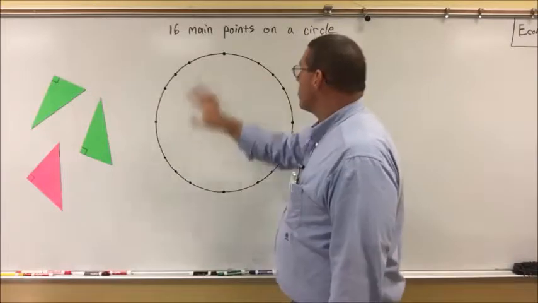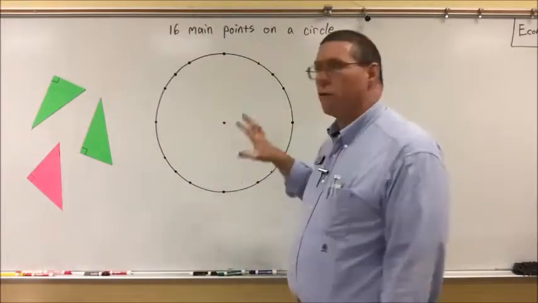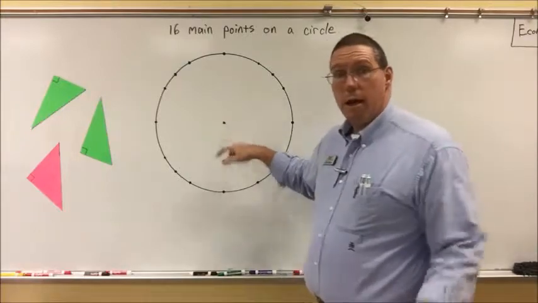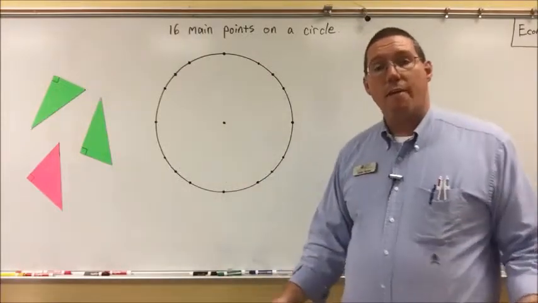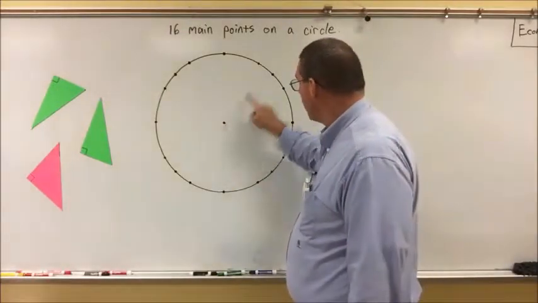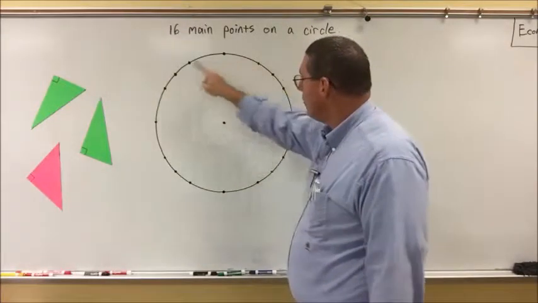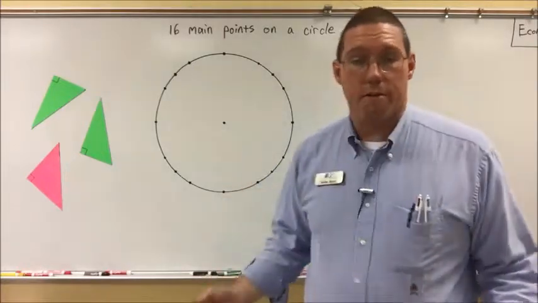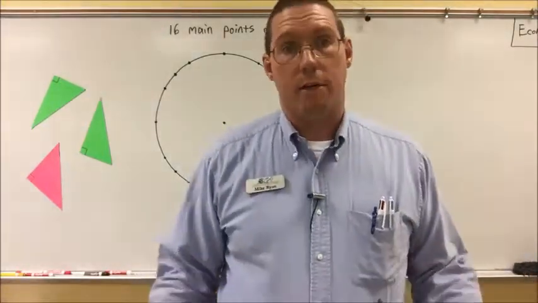Circles, this is a circle, right? And all circles have two important qualities. The first one is they have a center, and the second quality is that they have a radius. And the radius is the distance from the center to all of the other points on the circle. In fact, the center of a circle and the radius of a circle define the circle.